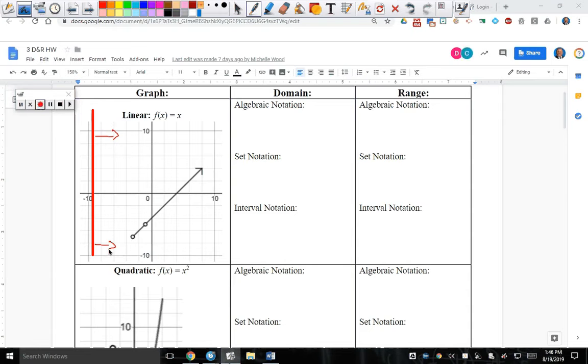What's the domain? What's the domain in interval notation going to be? Some of you are analyzing how much each of these lines represents. You tell me, how much does each of those lines represent? 2. Okay? So Nika, what would the domain be?